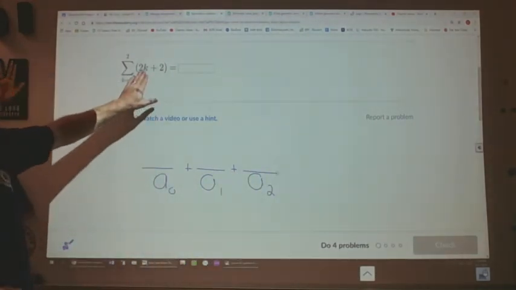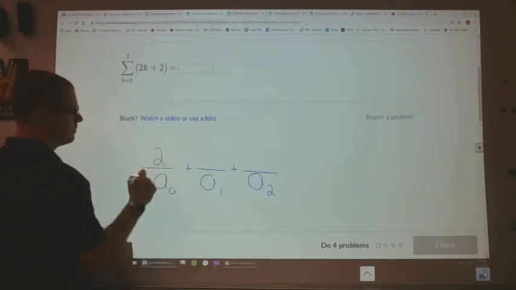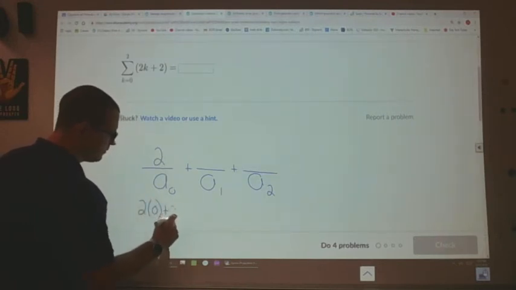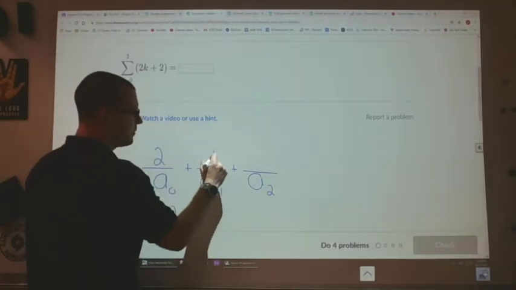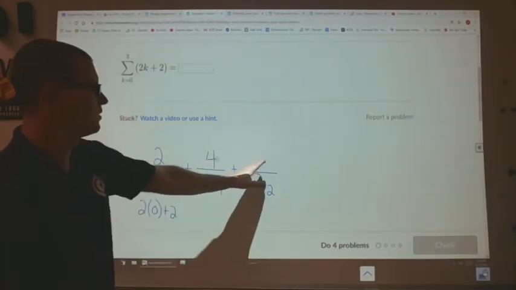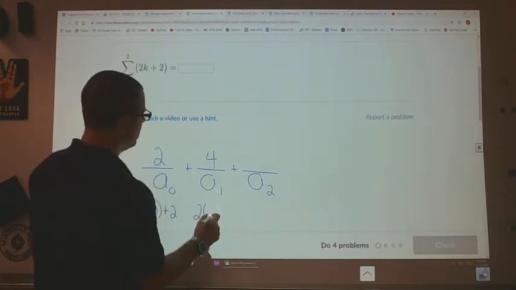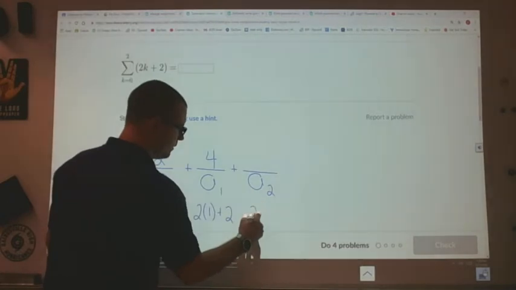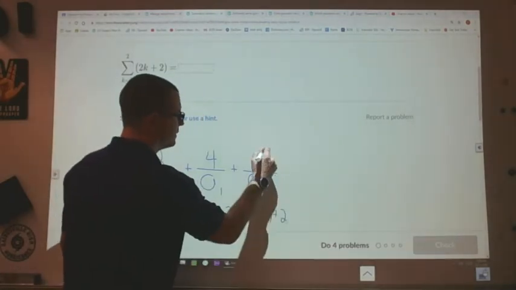2 times 0 is 0, plus 2 is 2. 2 times 1 is 2, plus 2 is 4. And we already really have this pattern. It's 2, 4, 6. But just to give you an idea of how we're getting there, 2 times 2 plus 2 gives me 6.